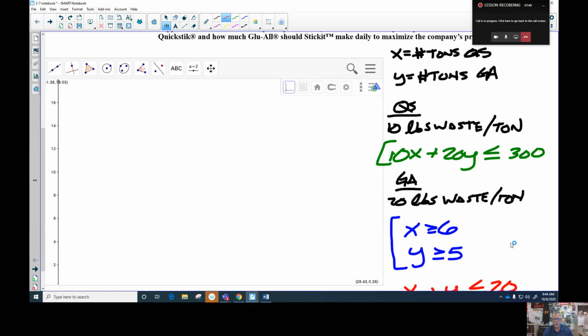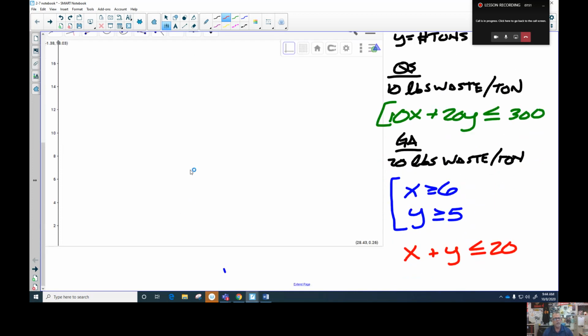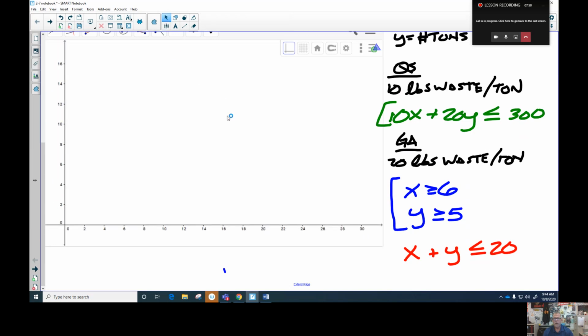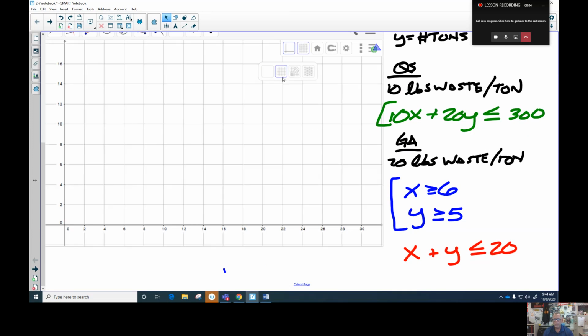Now, one thing I want to mention, if you notice my graph over here, you can't see all of it right now because it slid down a little bit. If you see my graph here, I only did the first quadrant, and there's a reason for that.